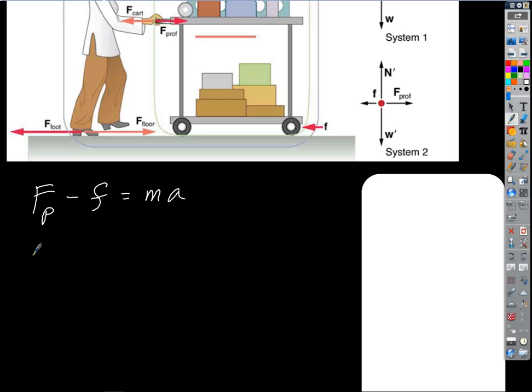F sub P, do you remember what the friction was? 24. F sub P minus 24.0 newtons equals m, and that was 12 and 7, so 19 kilograms, times a. And a was 1.50. Okay, so we can mark that too.